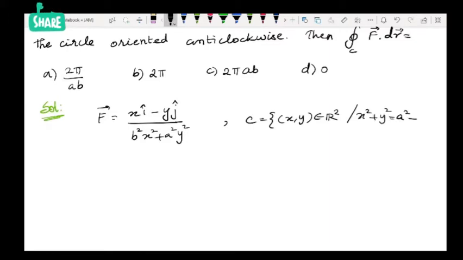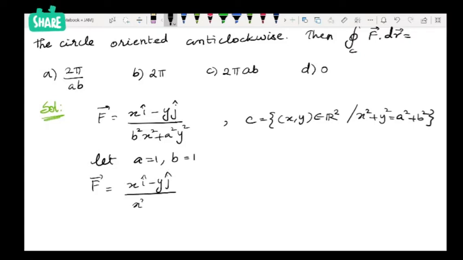Since a and b are positive, I'm gonna take a and b as 1. So f is xi minus yj divided by x square plus y square, and c will become the set of all x comma y in R2 such that x square plus y square equal to 1 plus 1, that is 2.